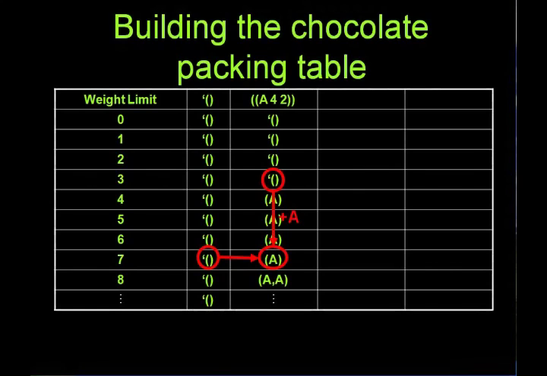Let's try again. In each of these entries, you have 2 choices. One choice is not to use the current chocolate, which means you check the guy on the left. The guy on the left is the best possible thing you can do without using the current chocolate, which is A. The one that is here is the one where you use at least one of this chocolate.